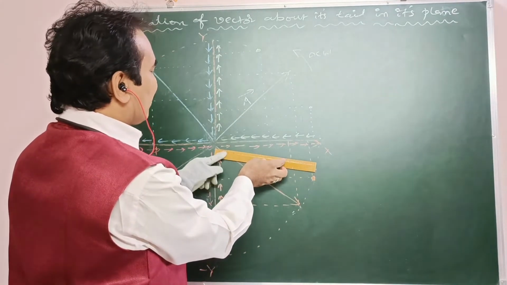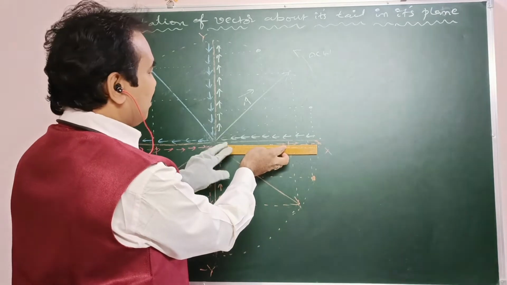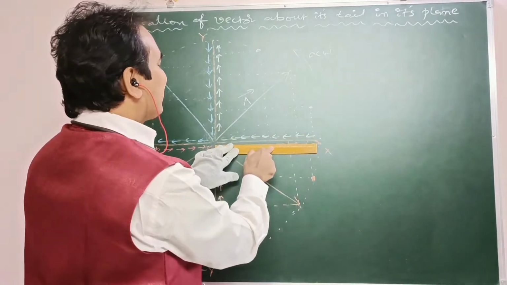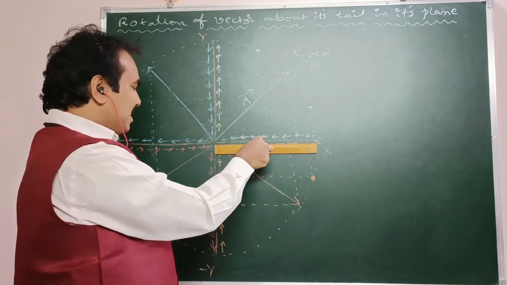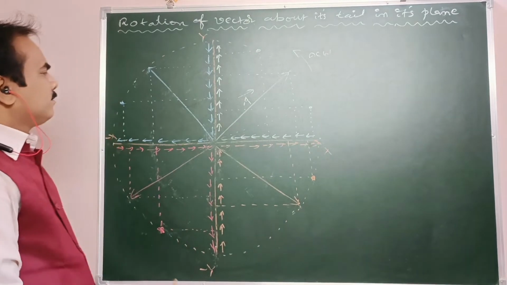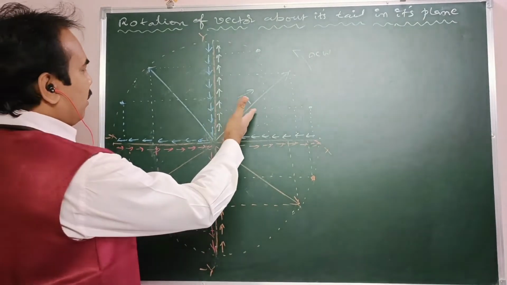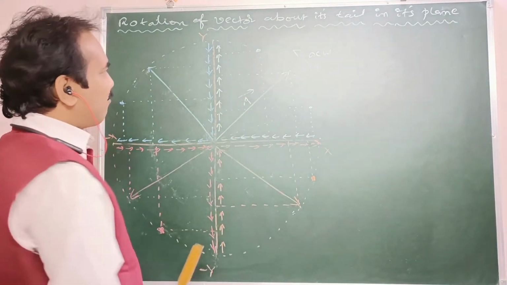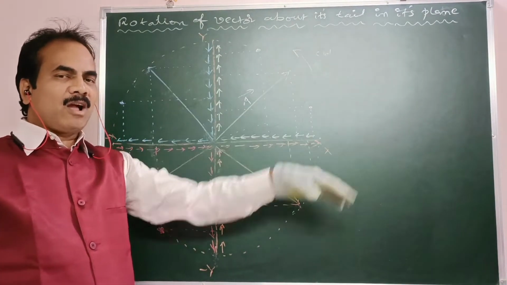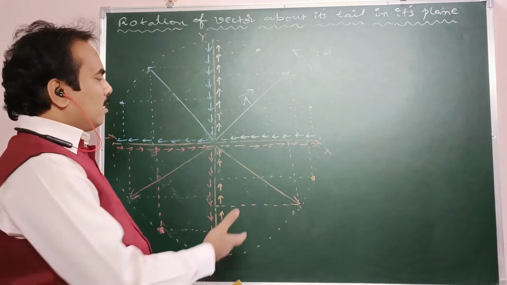If it is further rotated and aligns in the positive x direction, now x coordinate becomes equal to the total magnitude of the vector. At the same time, y coordinate 0. Okay, right? So whenever a vector is rotated about its tail in its plane, either clockwise or anti-clockwise, what happens?